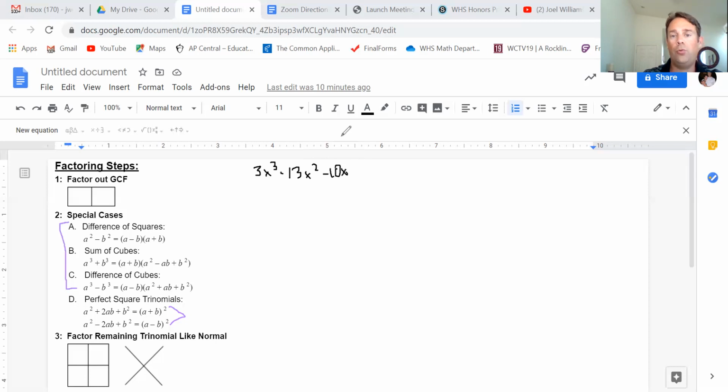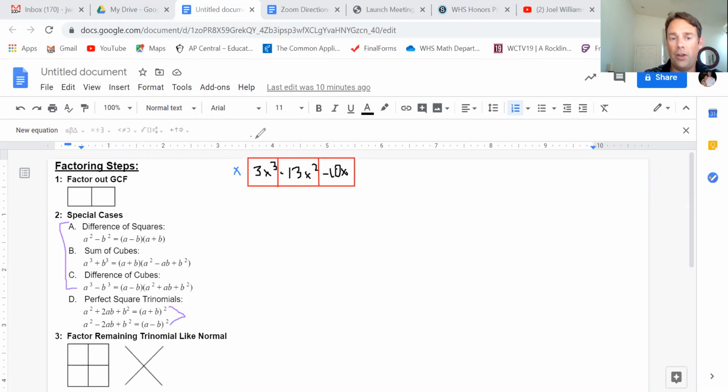The first thing we always want to do is see if we can pull out a greatest common factor. So I'm going to make my little rectangle here. Again, you don't need to do it. You can just make parentheses and see if you can figure that out. But I'm going to use the rectangle just to be safe. It's what you're most familiar with from Integrated 1 and 2. And I notice they all have an x. So I'm going to bring that x out.